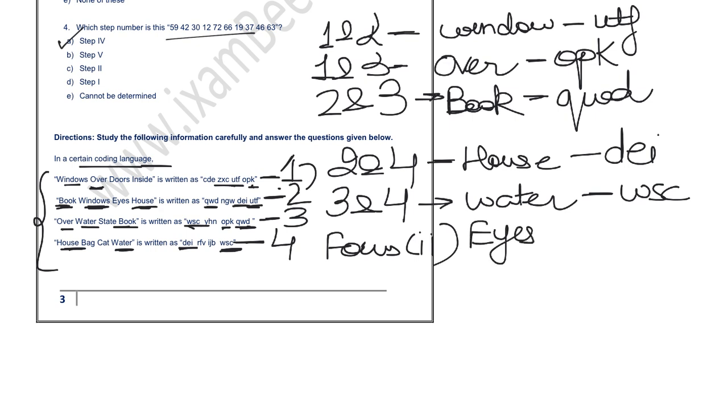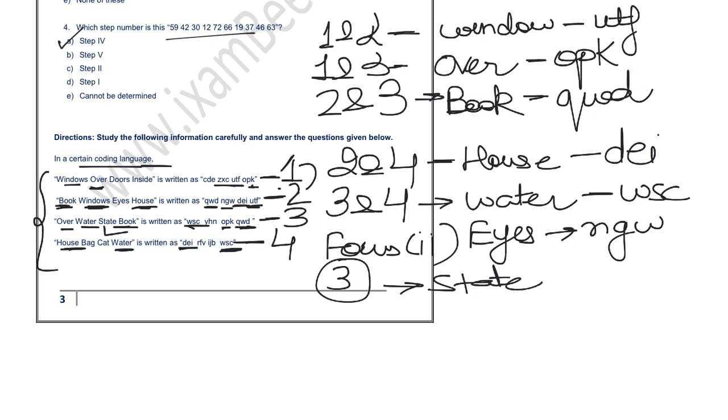So I'm writing the code for eyes as NGW, right? Similarly, you have to focus on statement number 3 as well. You will find that the only word left over here is state, and the only code left over here is YHN. So your states represent your YHN.